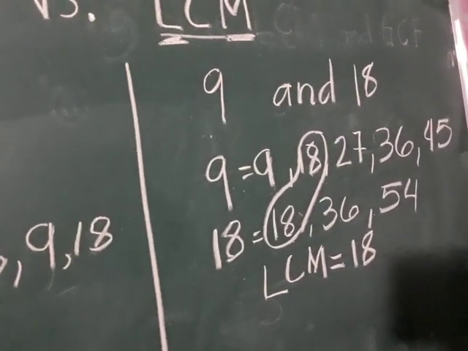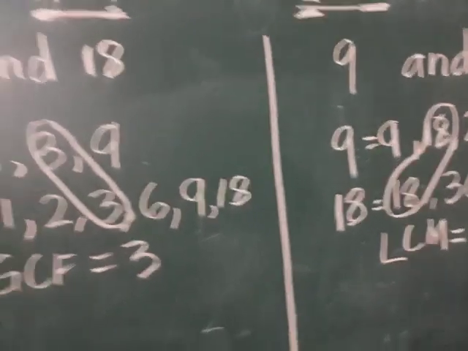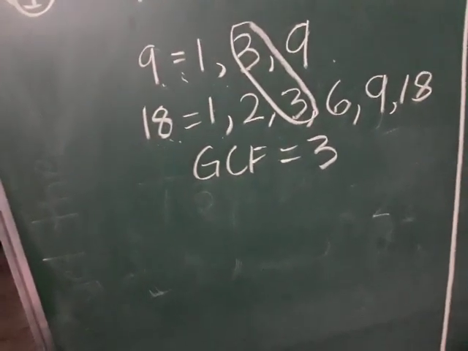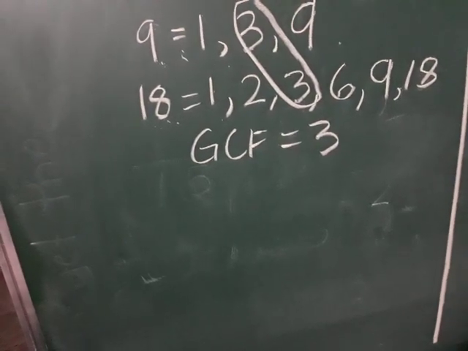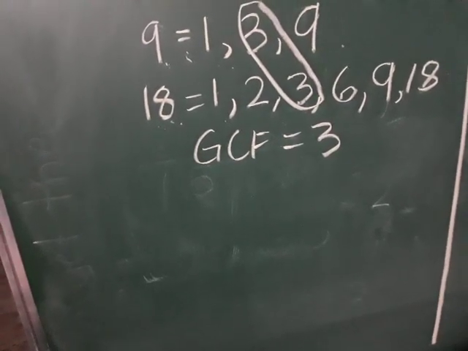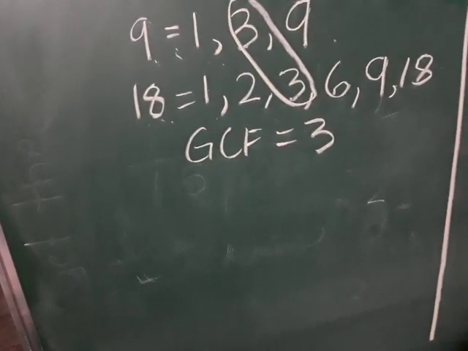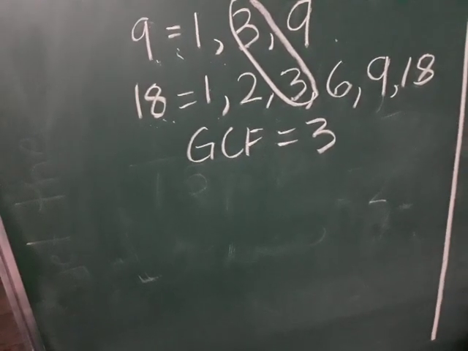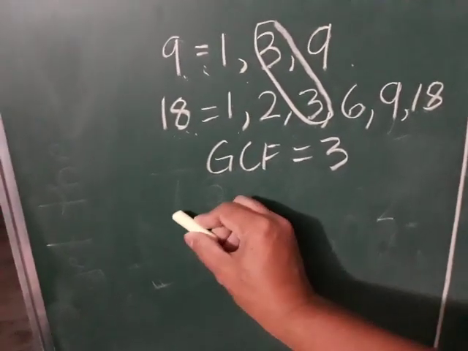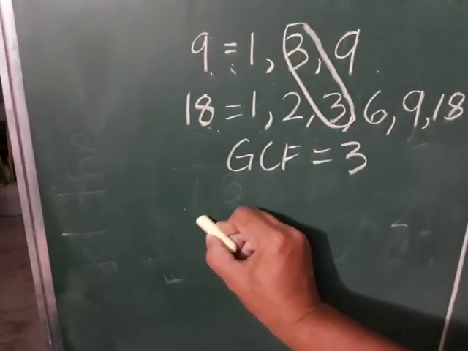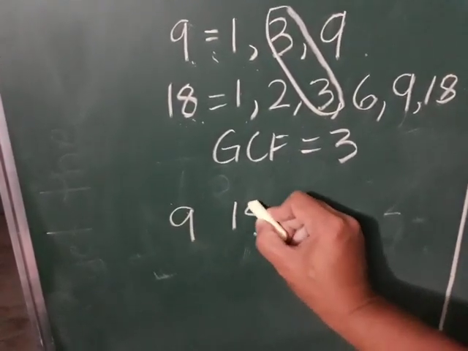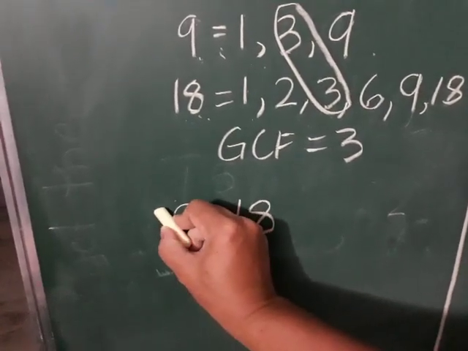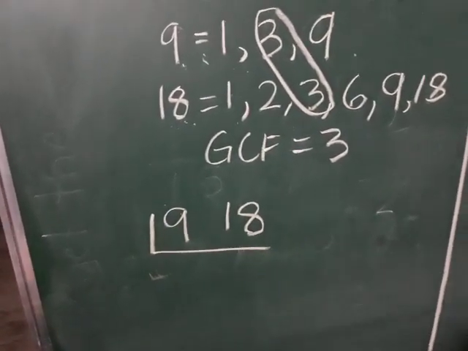How about the other method? Okay, so let's do the GCF by continuous division. For 9 and 18, of course, let's write 9 and 18, put inside the box.